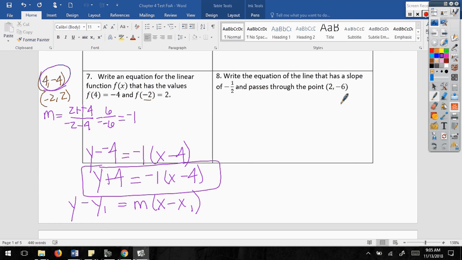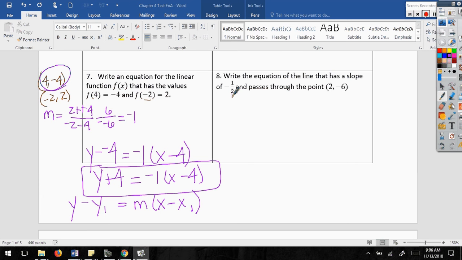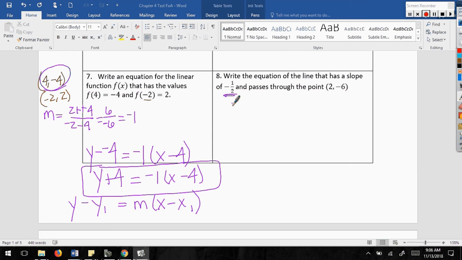Number 8, same thing. Okay. This time it gives me the slope. So it's a little bit easier for me. And a point. So I'm just going to plug in y minus y1 equals slope times x minus x1.